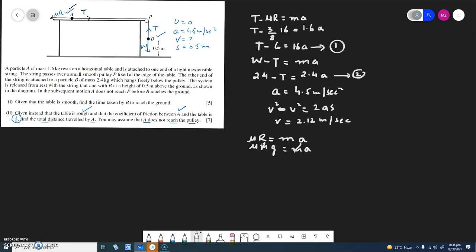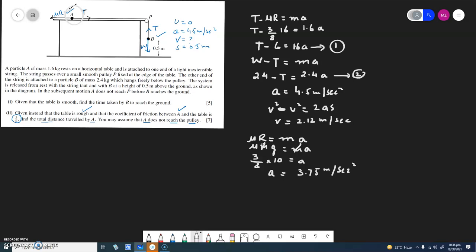This m is cancelled with m, and you are left with mu g. Mu is 3/8 into 10, and you will get a is equal to 3.75 meters per second square. Now this is the acceleration of the particle A when B hits the ground.